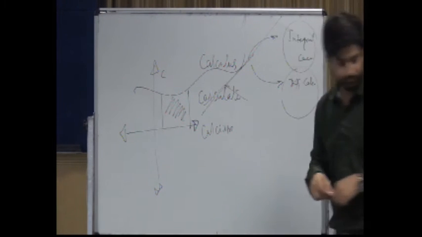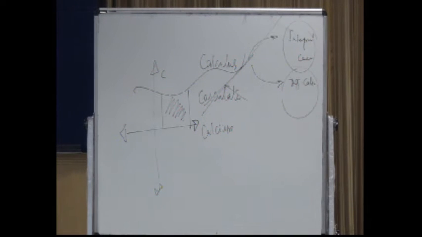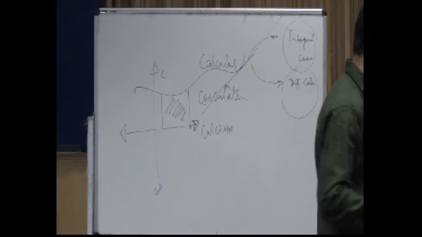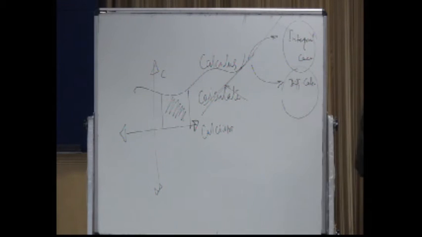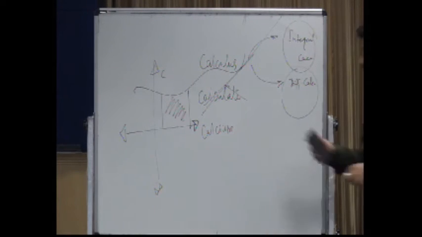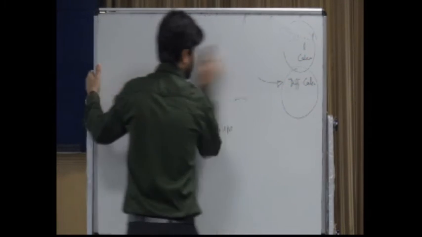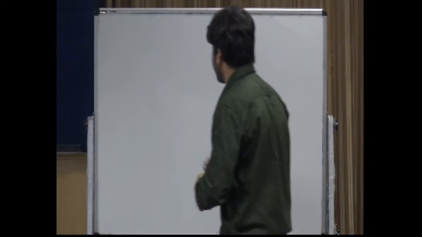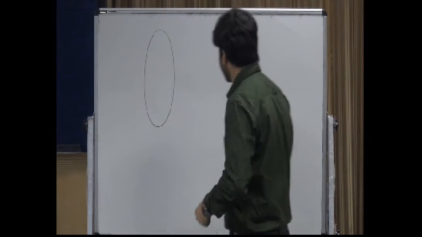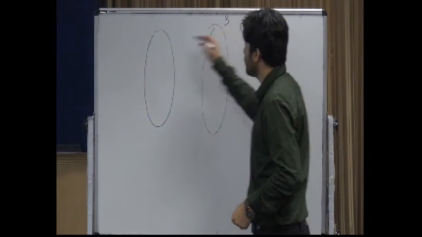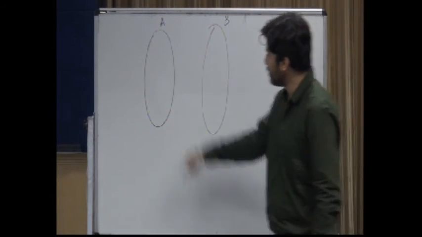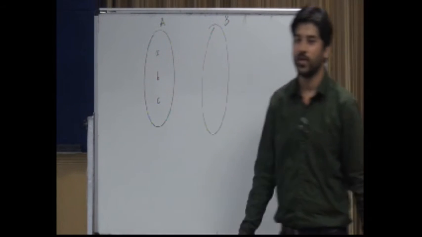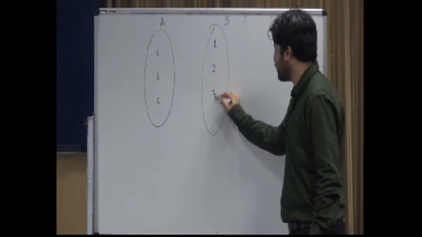Now, when you talk about the Cartesian product of 2 sets, let's say this is your set A, and let's say this is your set B. Let's say you have 3 elements here, A, B, C, and 4 elements here, 1, 2, 3, 4.